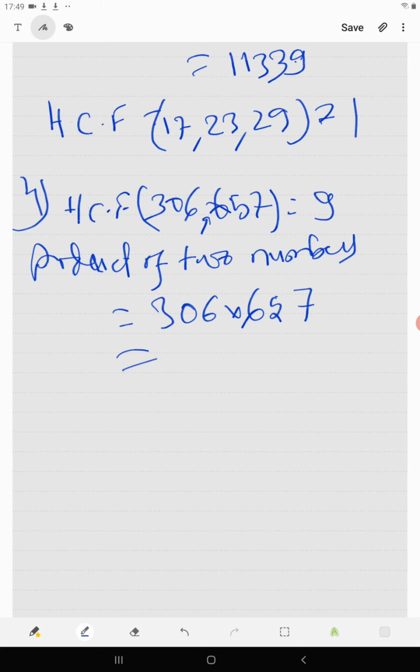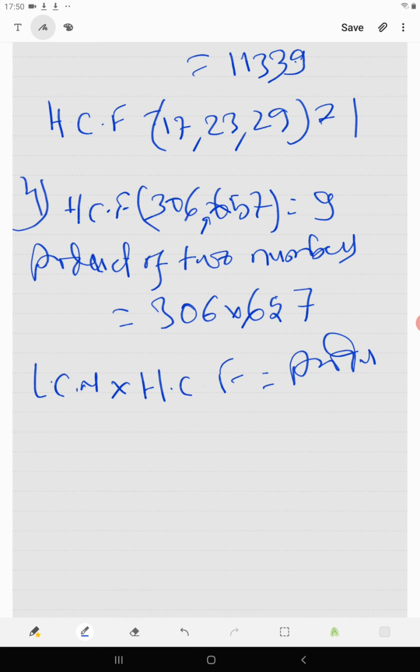So you need to do it there. Actually, let's first write, instead of finding, we can do first LCM into HCF equals to, this is the formula, product of two numbers.